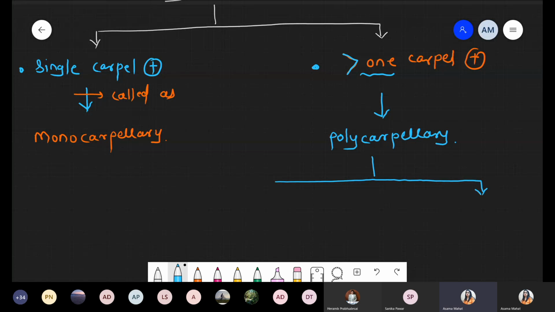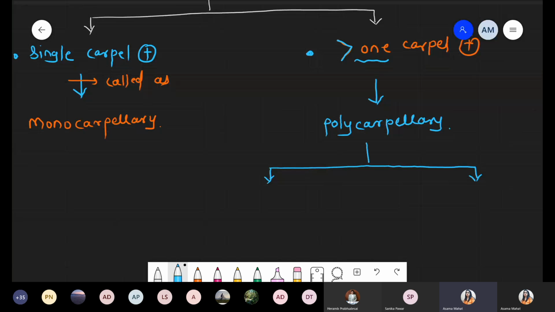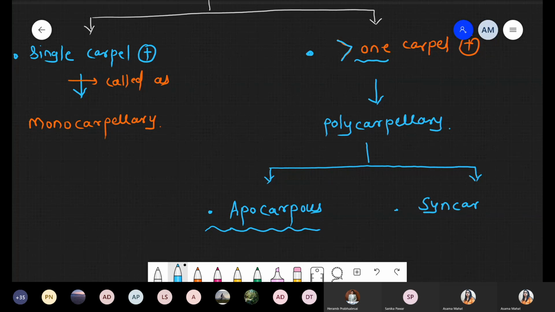I am giving the names. The first type is apocarpous, and the second type is syncarpous. Apocarpous and the other one, syncarpous.